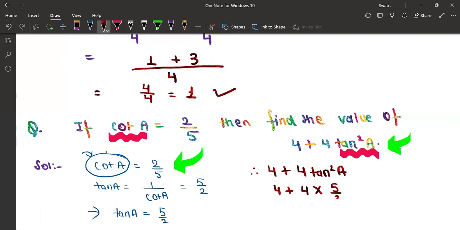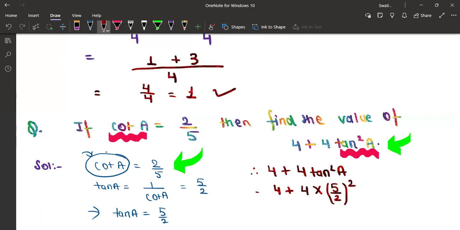So should I be writing 5 upon 2 here or something else? 5 by 2 is correct, but we are missing something. Manya, I wanted you to tell me. Square. Yes, it's 5 by 2 square.